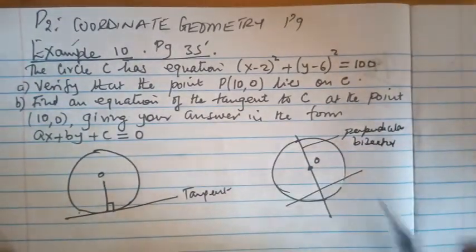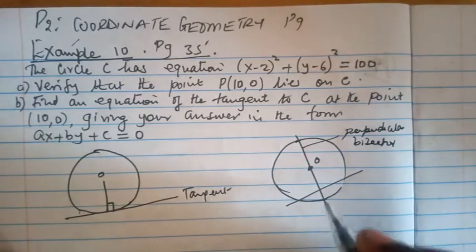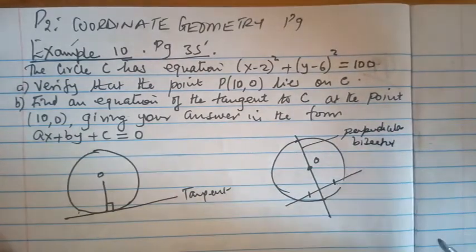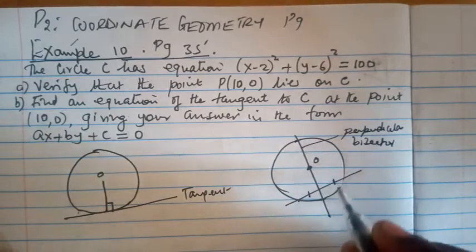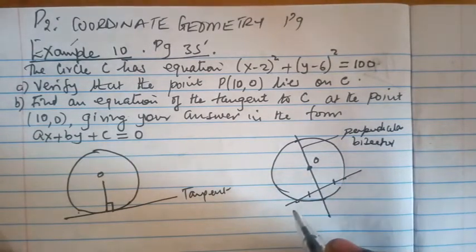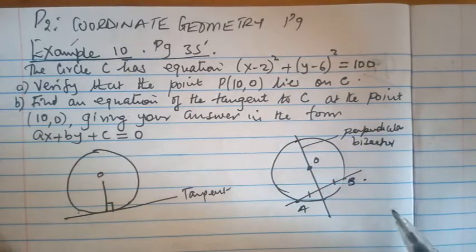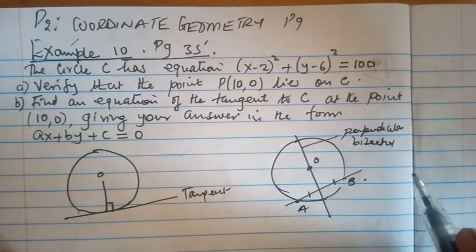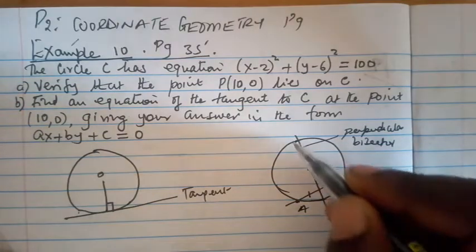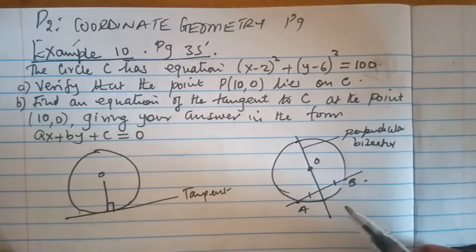Perpendicular bisector means it is bisecting this chord into two equal portions, and this chord touches the circle at two different points. We can call them A and B. So the perpendicular bisector of a chord will go through the center of the circle.